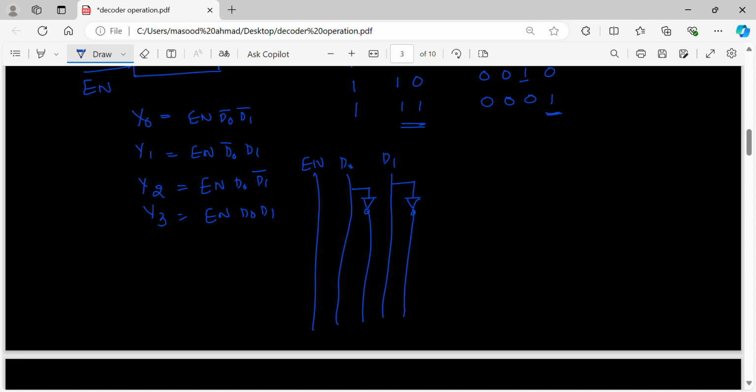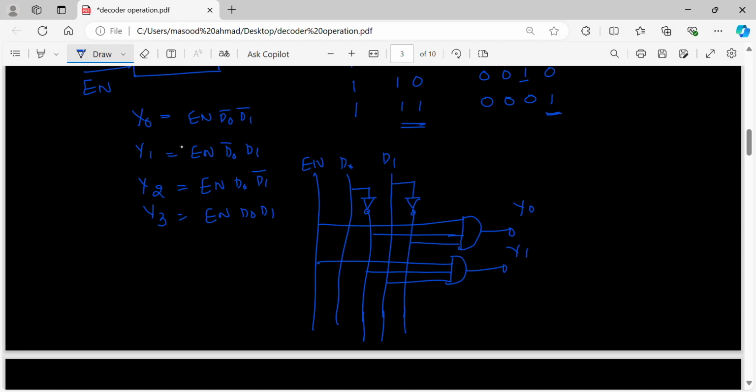Now what I want? I want enable, D0 bar, D1 bar. What I need to do? Give it to the AND gate. Then what I get is Y0. Similarly, you take enable, you take D0 bar, you take D1, connect it to the AND gate. Then what you get? Y1.